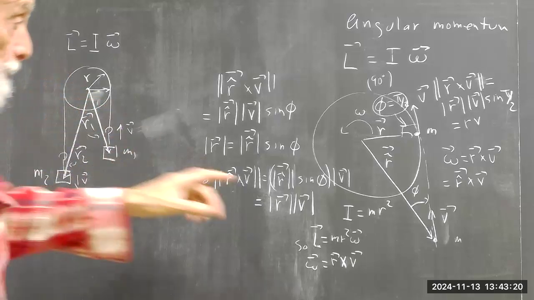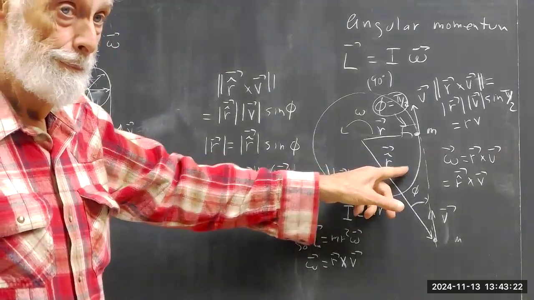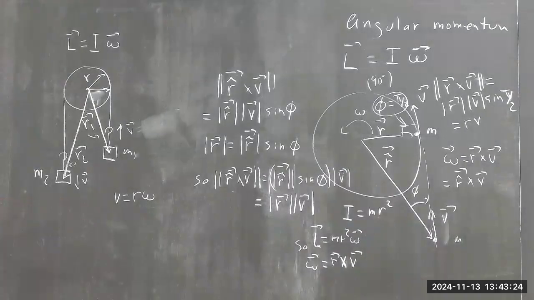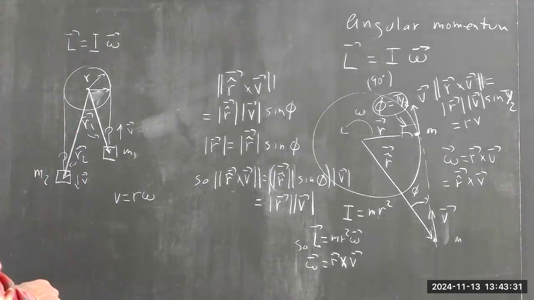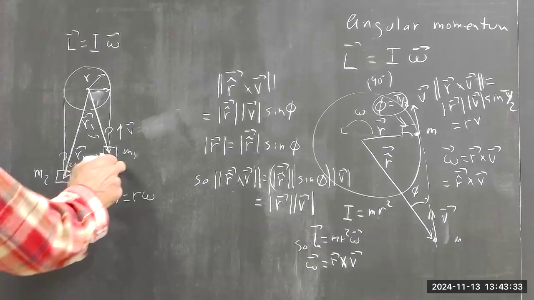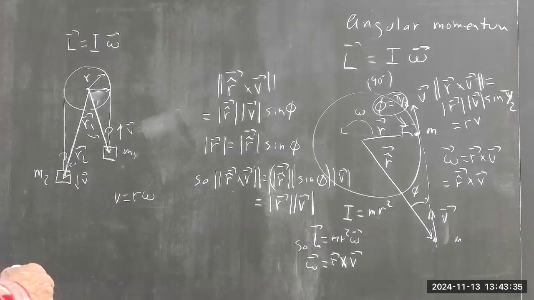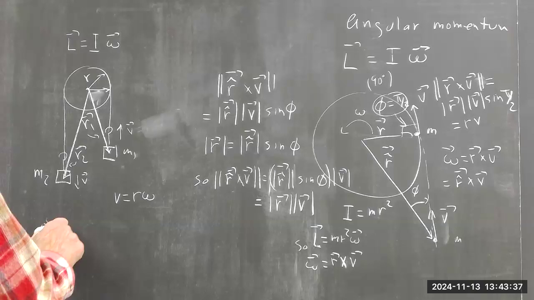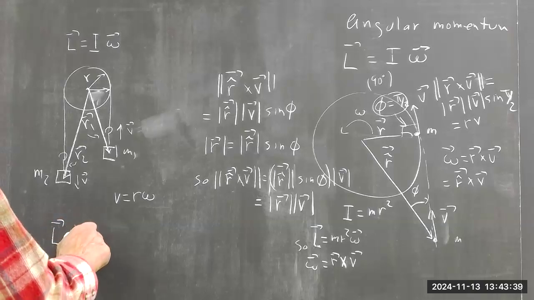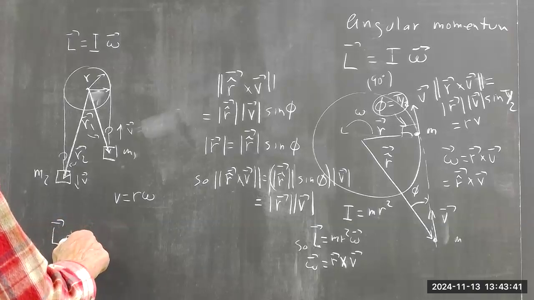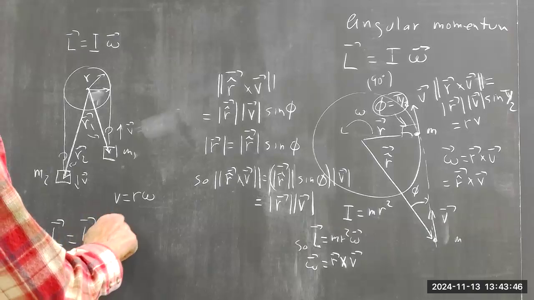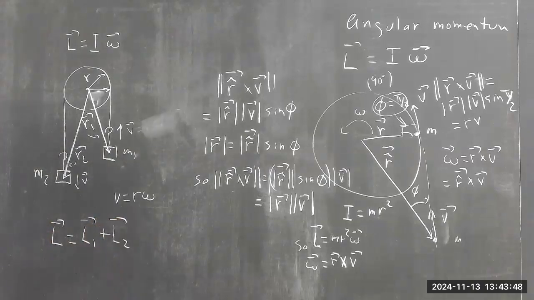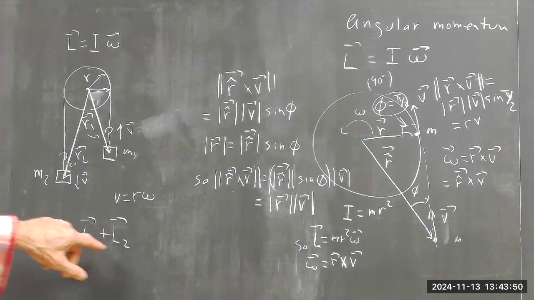So what I'm going to say is just apply this idea to this system, and you're going to see that the omega is the same for both of these, because the R cross V is the same. So that L we're going to say is L1 plus L2.